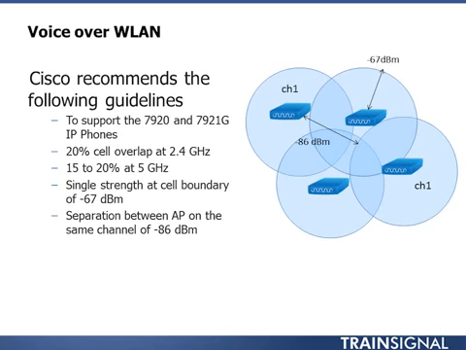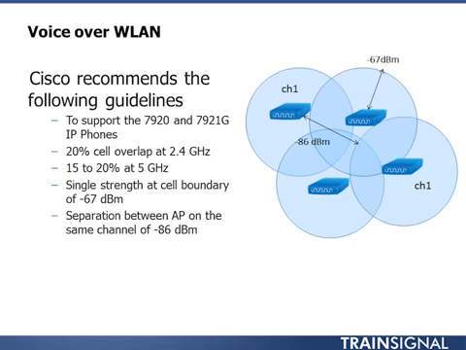Now, they also recommend that if you have two access points that are operating on the same channel, like I have in this diagram, I have two access points both on channel 1, that there is a distance between them.